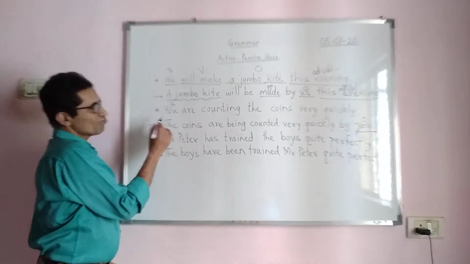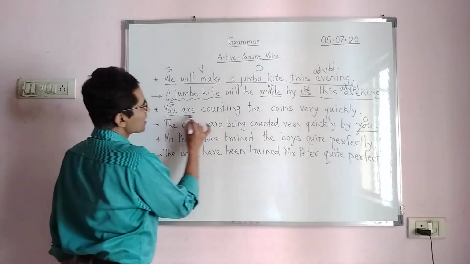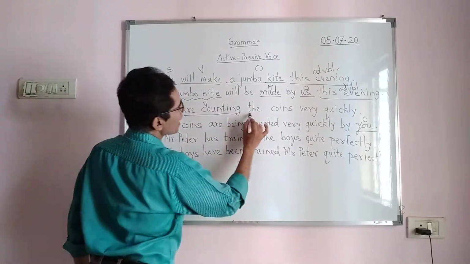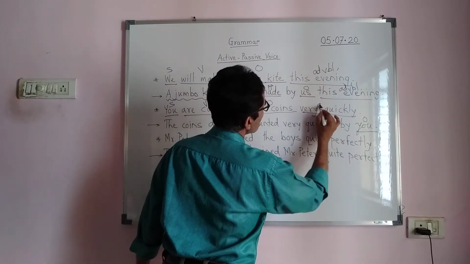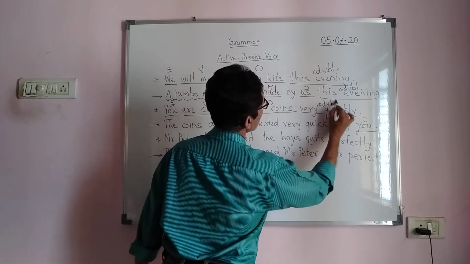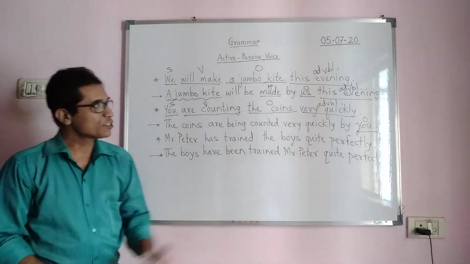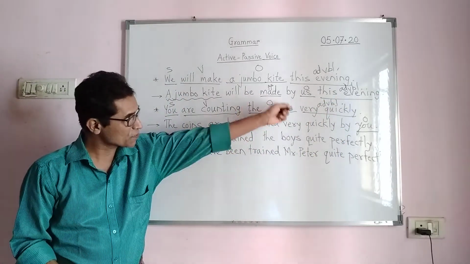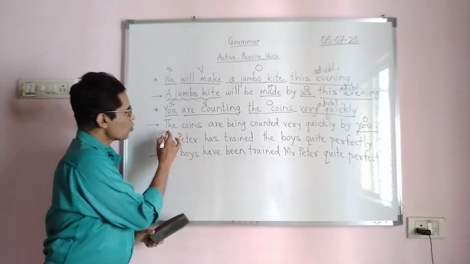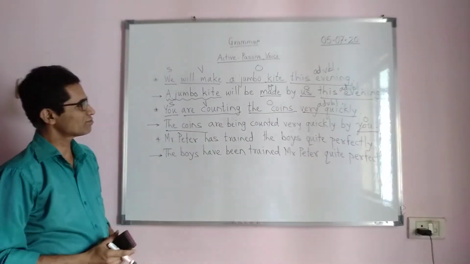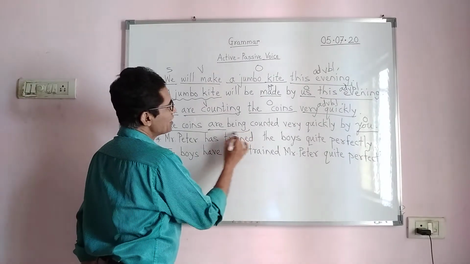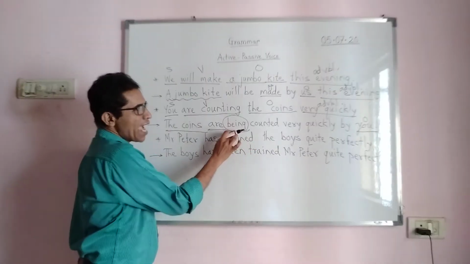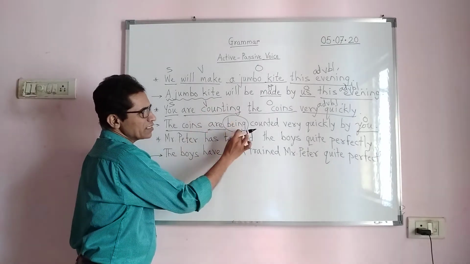Now we'll see that you is subject, our counting is the verb part, and the coins is object, and very quickly you know is adverbial. So when you want to change, take the object first, the coins, then are, and now in the passive the action is continuing.